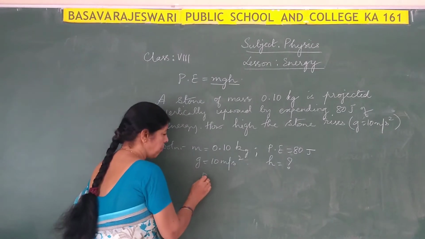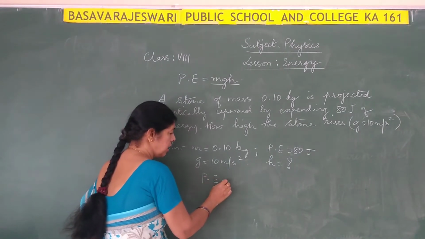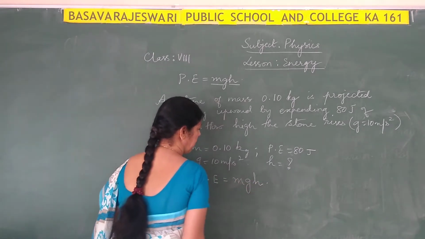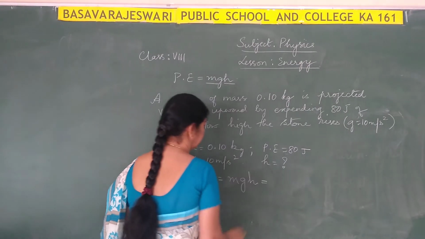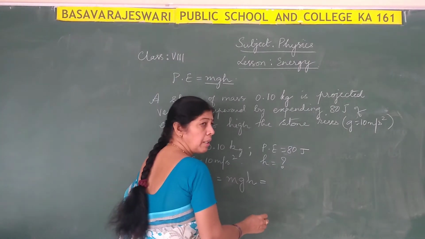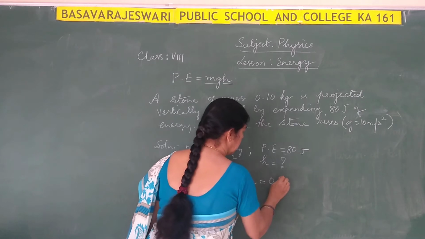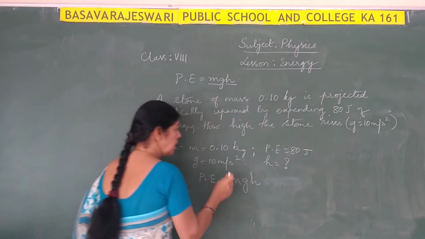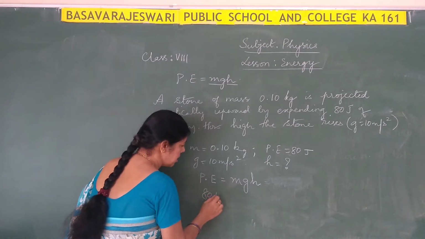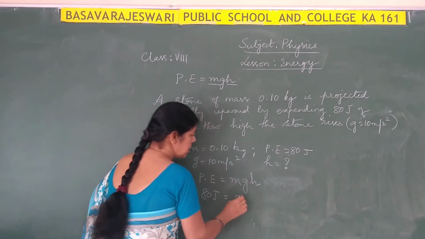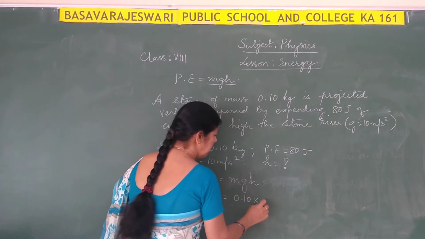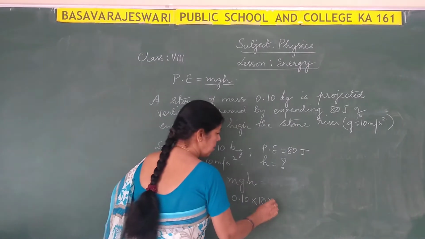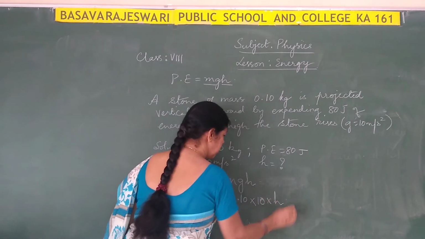Now what is the expression for potential energy? Potential energy is equal to mgh. That is, 80 joules is equal to mass 0.1 kg multiplied by g value 10 meter per second square multiplied by h.